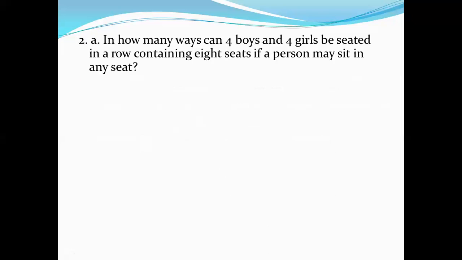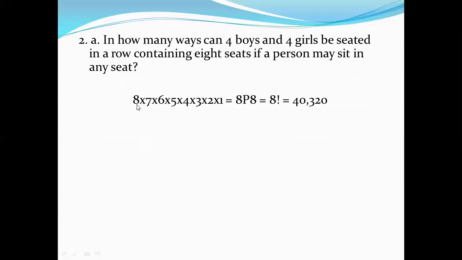Okay, next. In how many ways can 4 boys and 4 girls be seated in a row containing 8 seats if a person may sit in any seat? So there's no condition kung sinong mauuna, kung lalaki ba or babae or alternate ba o magkakatabi ba yung mga babae, magkakatabi ba yung lalaki. So no particular condition. So in that case, okay, this is the first seat wherein any of the 4 boys or 4 girls can be seated.